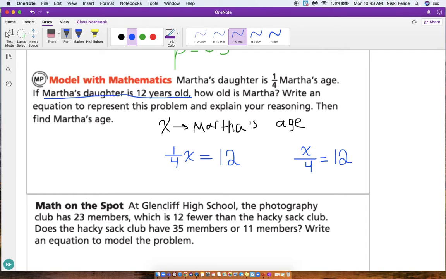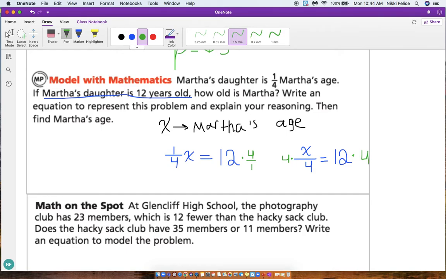Now to solve it, we have to do the inverse operation. Dividing by 1/4 is what we would do here. So we would be, once we use the SIR method, multiplying by 4/1. And same thing here, we would be multiplying by 4.